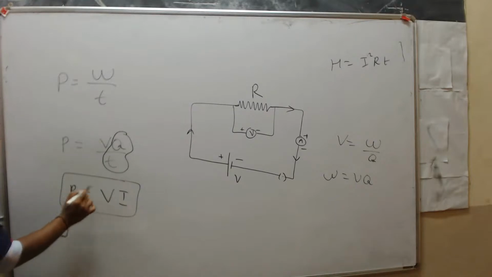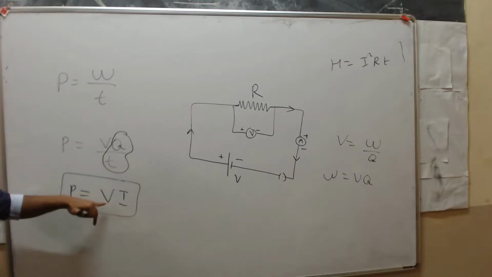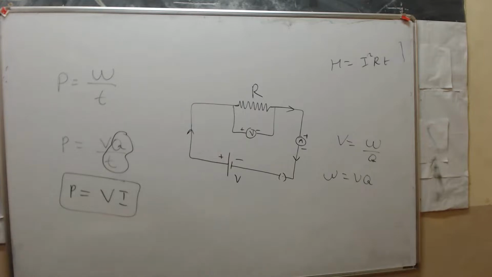We use it to calculate power in the circuit: if you know voltage and current, when you multiply, you will get the power. So now we got P is equal to V into I.